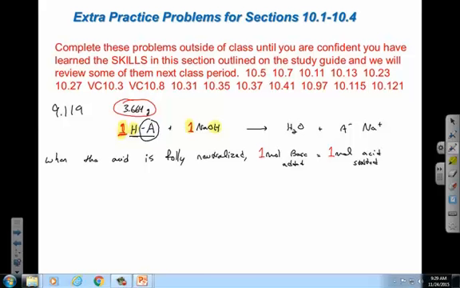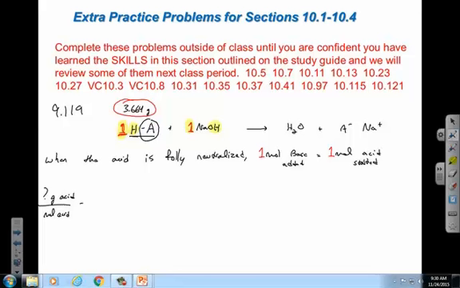What I'm ultimately interested in is, it says, what's the molar mass of the acid. So how many grams of the acid are there per mole of acid? That's molar mass. If I have a certain amount of acid and I know how many grams and how many moles are in that, I can divide to get grams per mole, or molar mass.